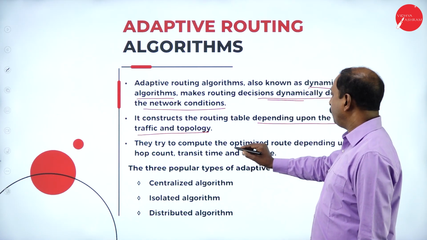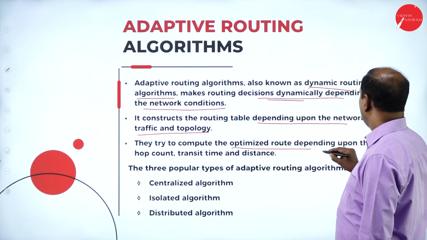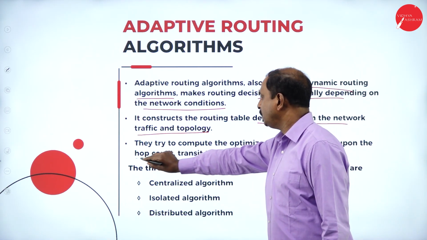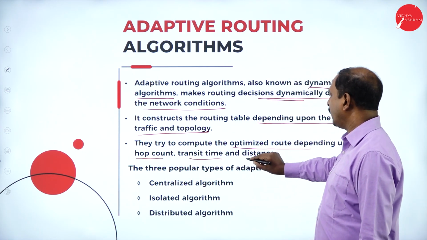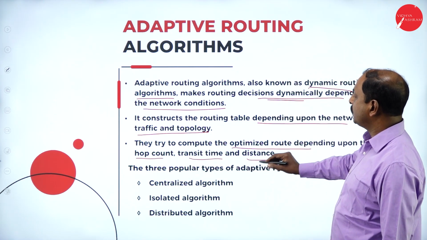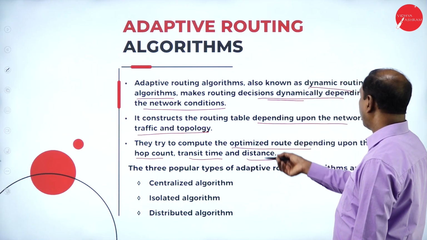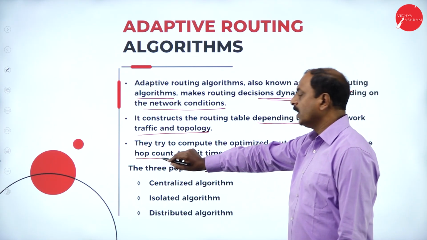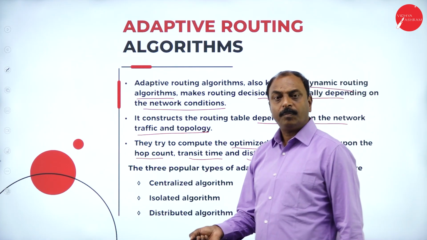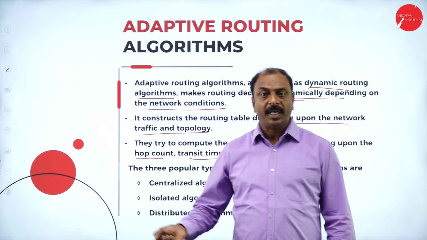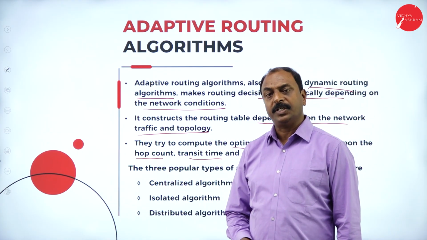They try to compute the optimized route depending upon the hop count, transmit time and distance. How is it going to lay down the routing table? It is based on factors like hop count. The hop count is nothing but the number of devices it has to reach before reaching the destination.